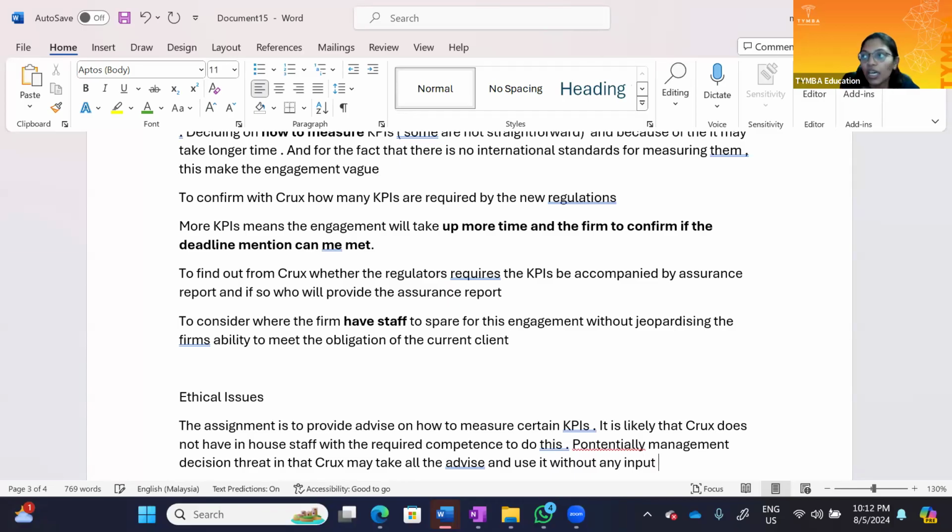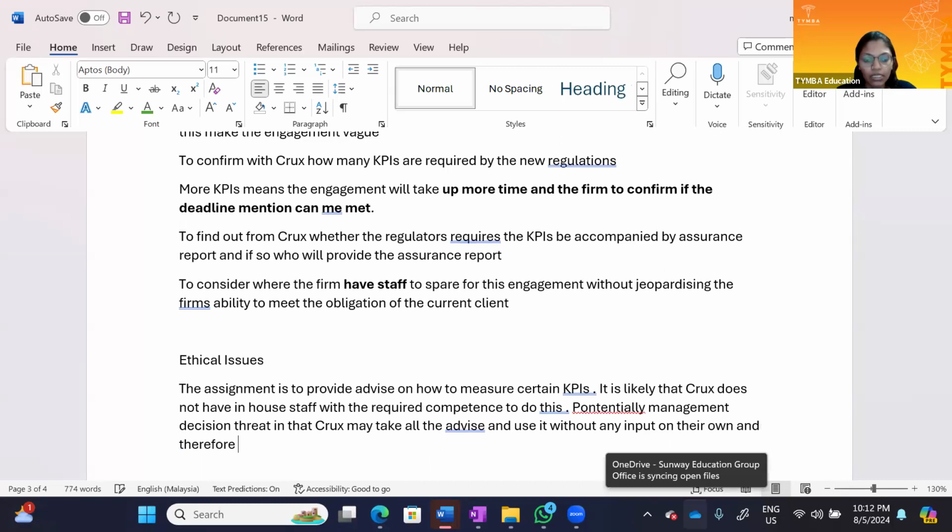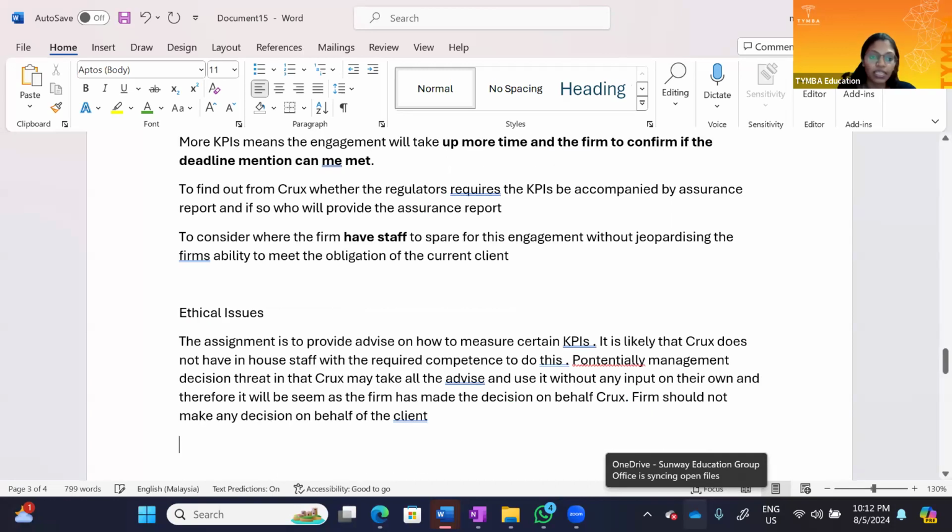This is very dangerous, and therefore it will be seen as the firm having made the decision on behalf of Crooks, and the firm should not make any decision on behalf of the client.